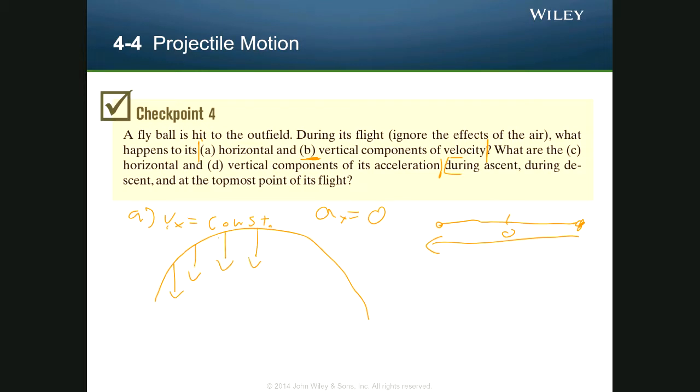Okay? And to go back to Tala's point about what's changing and not changing, the acceleration does not change, but the velocity does change.